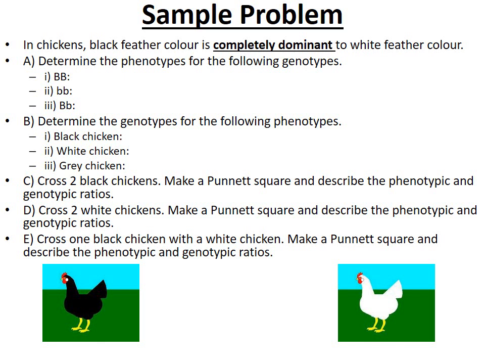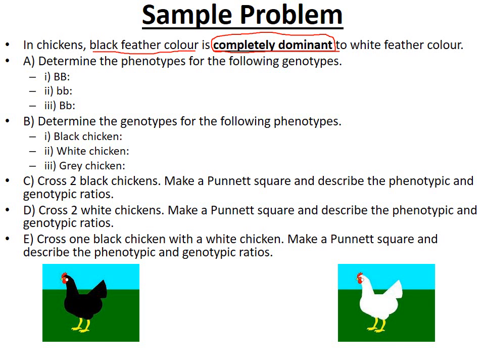When we talk about complete dominance, that's just the regular stuff you've seen before. So in your questions, when you're reading, you have to pay close attention to the degree of dominance that's stated in the question. So for example, here I'm stating that black feather color is completely dominant to white feather color.